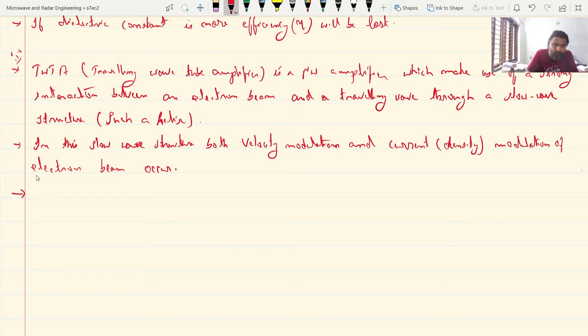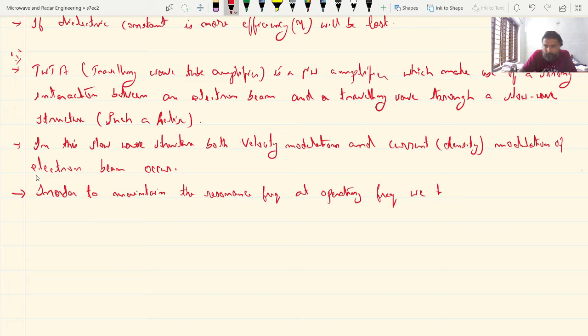So I will write that one. In order to maintain the resonant frequency at the operating frequency, in the normal case we have to change the values of L and C, inductor and capacitor.